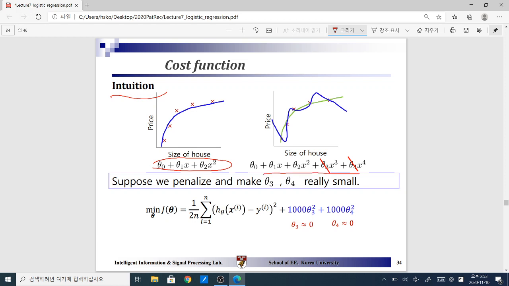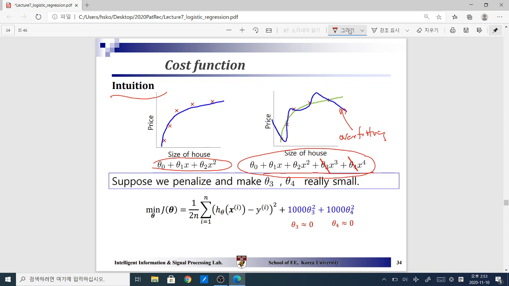Whereas if you have a very large number of parameters, this is the result, which is going to give you, as you can see, an overfitting situation.